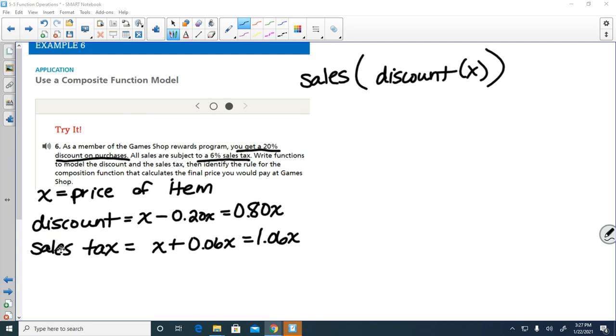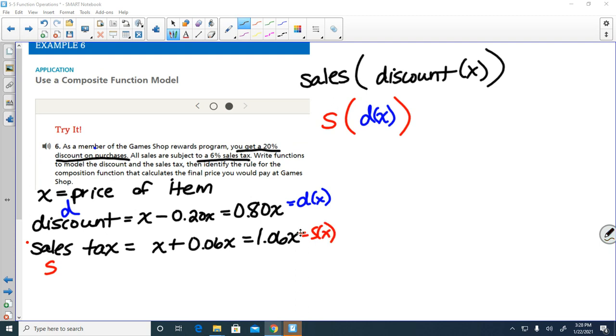So if I let sales tax be represented by S and discount be represented by D, I'm going to find a composition S of D of x. Okay, so once again, discount, this was D of x, and this was S of x.